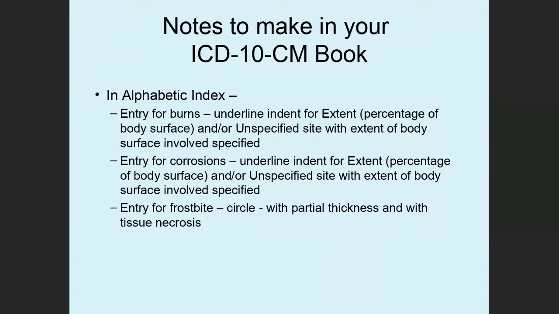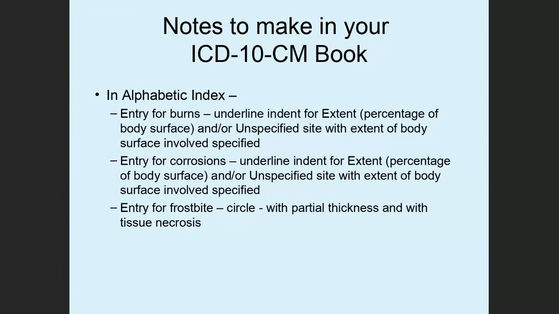Okay, it's impossible to remember all the guidelines. I suggest you write these notes in your alphabetic index. So in the alphabetic index, find the entry for burns and underline the indent for extent. And that way it'll be easier to find it. You can also find unspecified site with extent of body surface and underline that one.